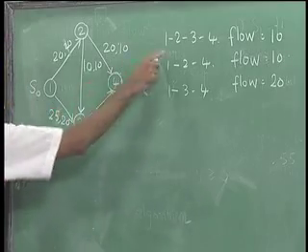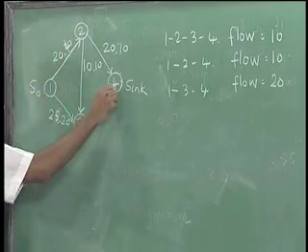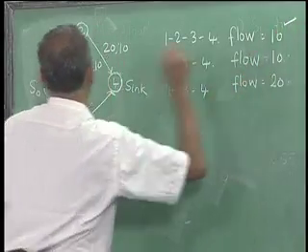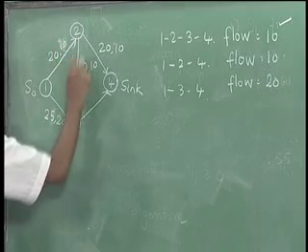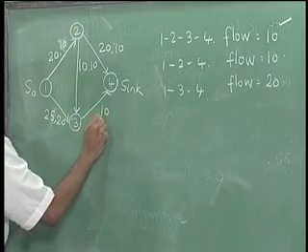So we had 1, 2, 3, 4 with flow 10, which is correct. So we had 1, 2, 3, 4 with flow 10.